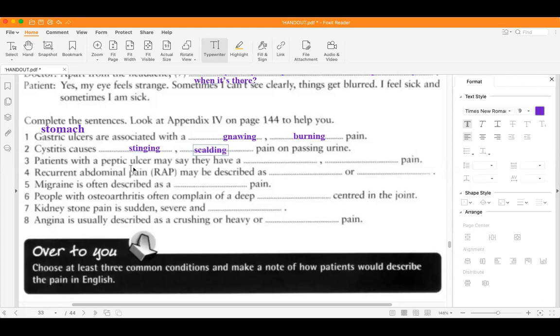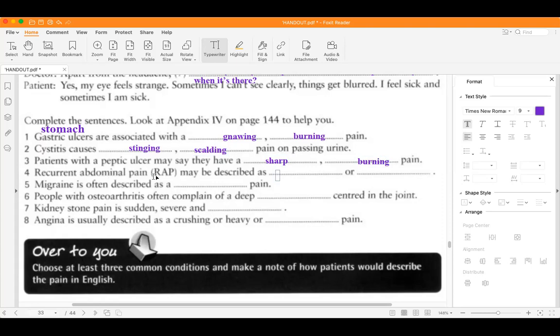A patient with a peptic ulcer may say they have a what and what pain. We can say here sharp, and as we said in the gastric ulcers, burning pain.